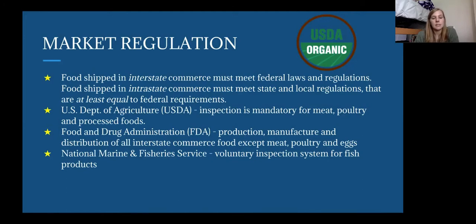The FDA is responsible for inspection of production, manufacture, and distribution of all interstate commerce foods, except for meat, poultry, and eggs, which USDA handles. The National Marine and Fisheries Service is a voluntary inspection system for fish products.